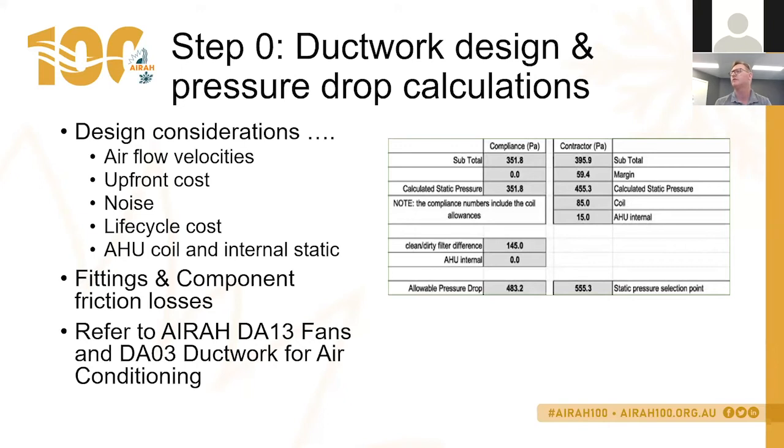So we have a subtotal of 351.8 pascals, which is a calculated static pressure, and then I put in a clean, dirty filter difference. So the compliance calculation using the calculator came up with 351.8, and then I added, to determine what my system performance static pressure loss would be, I put in 145 pascal dirty filter allowance.